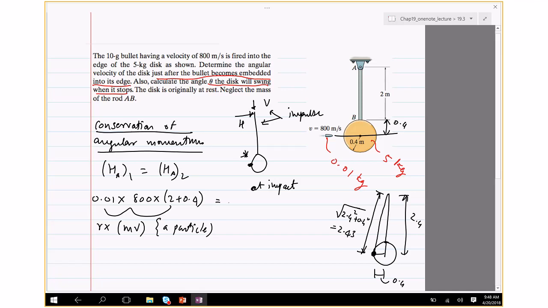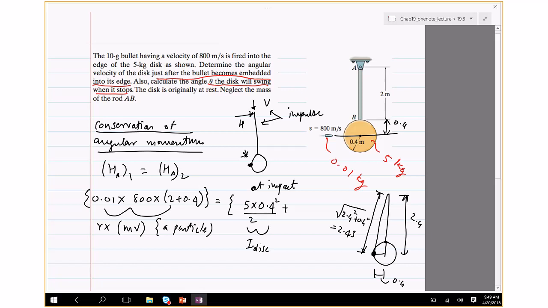So the momentum after it gets embedded: the complete system is going to have one speed. So I need to find inertia about A. Inertia about A is due to the disk. So mass of disk is 5 kg times the radius squared divided by 2. This is I disk. But the inertia is about A, so I need to use the parallel axis theorem.